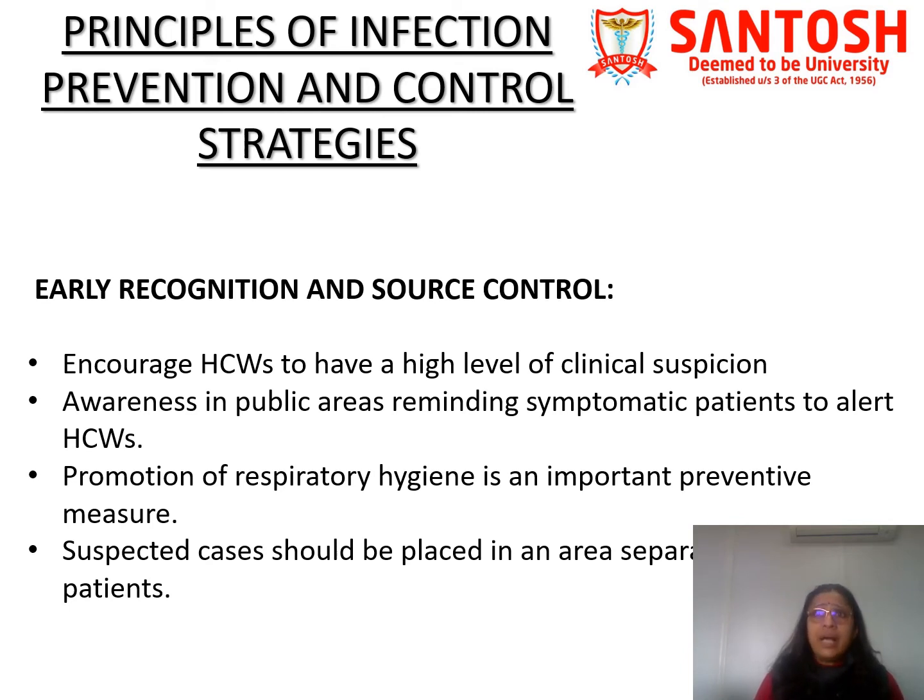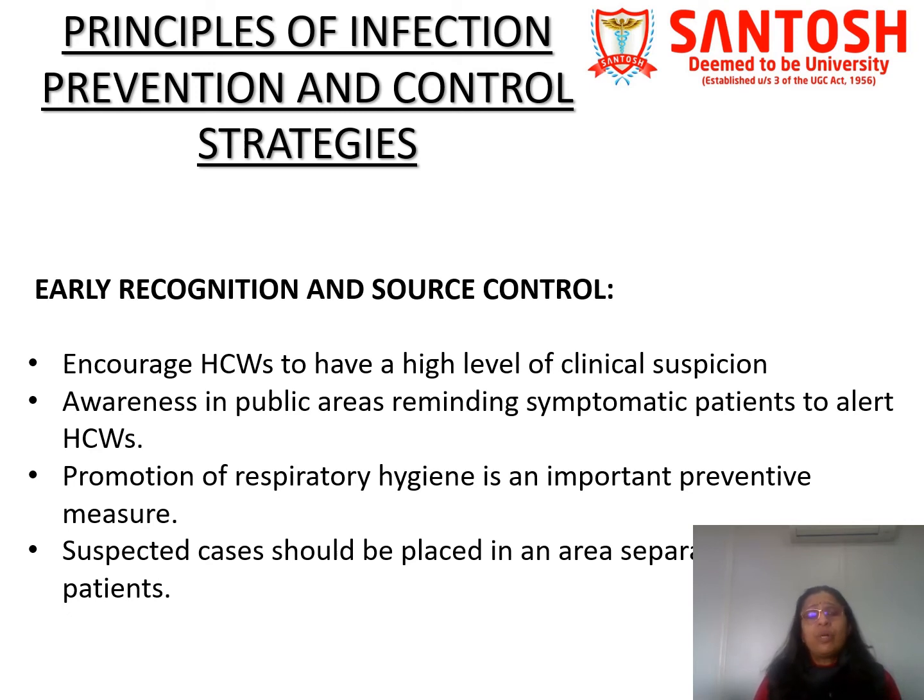The reason why this pandemic has been brought under control is the appropriate and timely application of these prevention and control strategies. So what did we do in these strategies?